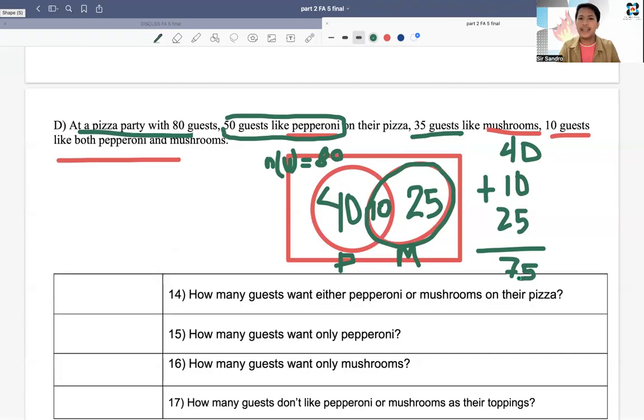How did you know 5 is missing? Because we have 80 guests, but only 75 like pepperoni or mushrooms, when we take the union of pepperoni or mushroom. So we have 80 total guests, we minus the 75, and we know that there are 5 people. These are the people who don't like pepperoni or mushrooms as their toppings.